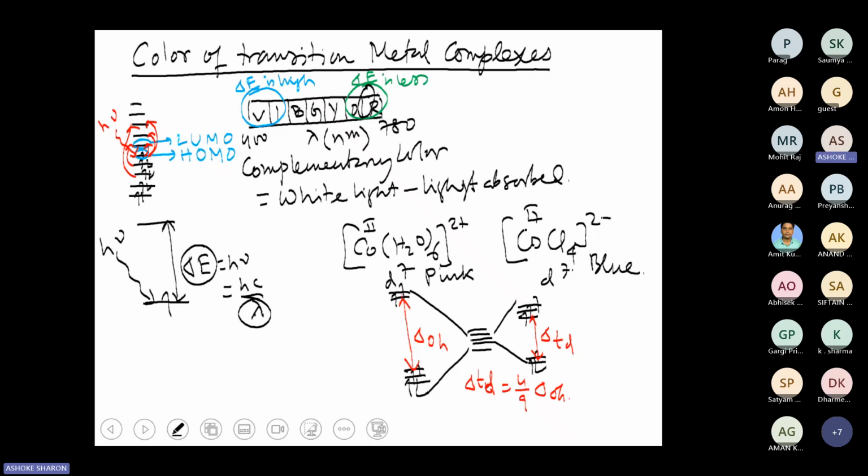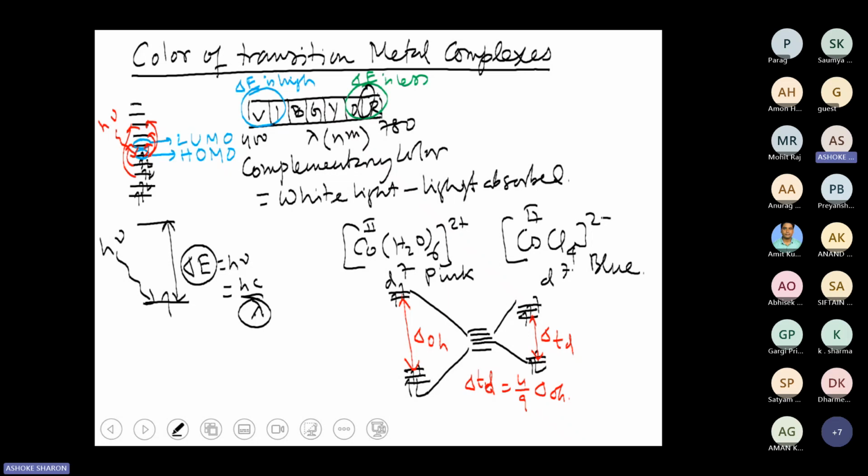So for this, the energy is absorbed from the high-end region, the violet-indigo region. That's why its color will be grossly on the opposite side of the VIBGYOR spectrum, because its splitting, the delta O value, is higher, that is the delta E required for the transition.